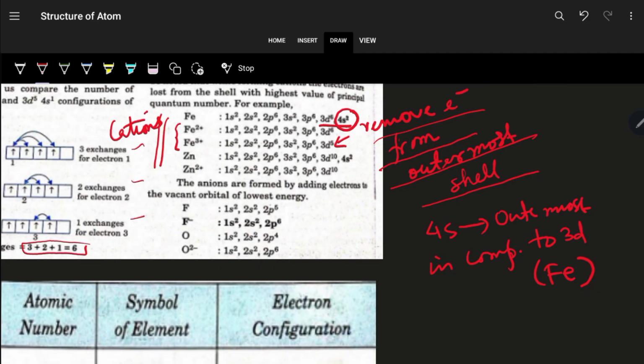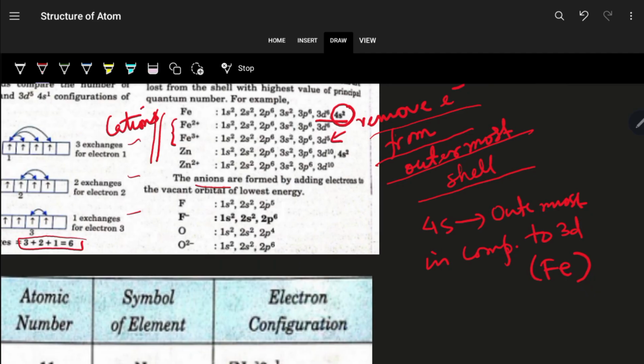And for anions also, always remember that you have to add electrons. Add electrons where? To the vacant orbital of lowest energy. See, 2p5 in fluorine, it can accommodate maximum 6. So F-, these are the anions. So F- can take the last electron in 2p6 only.